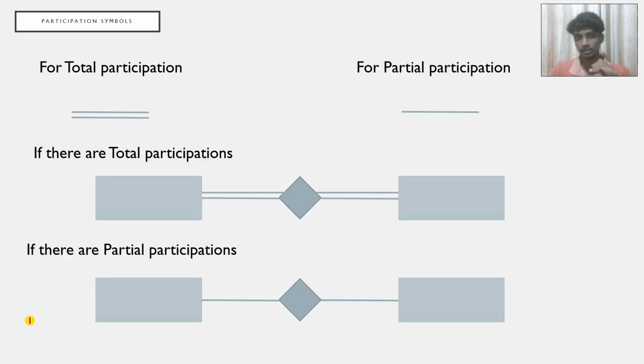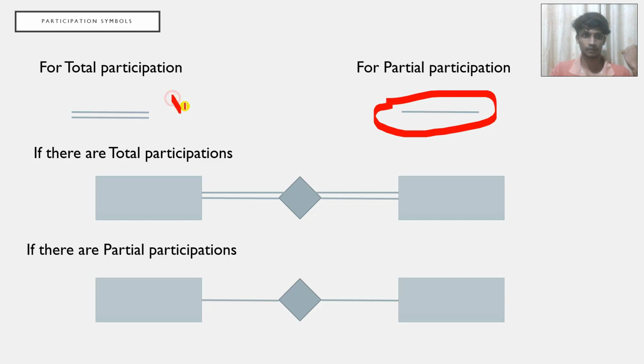Okay, so the participation symbols. If you remember the cardinal ratios, we haven't declared any symbol. We just use 1, M and N. Those are just notations. But when it comes to participations, there are relevant participation symbols. Partial participation is the exact same notation for a relationship, but for total participation there are two lines.